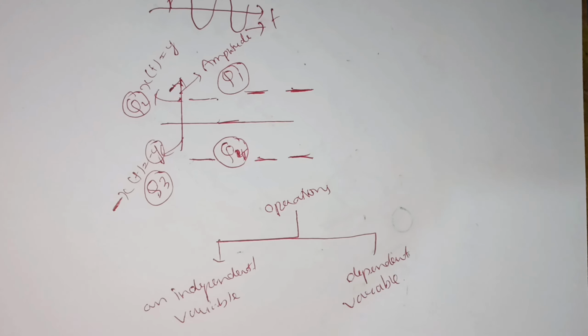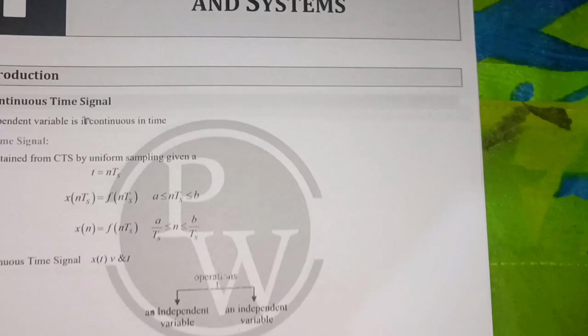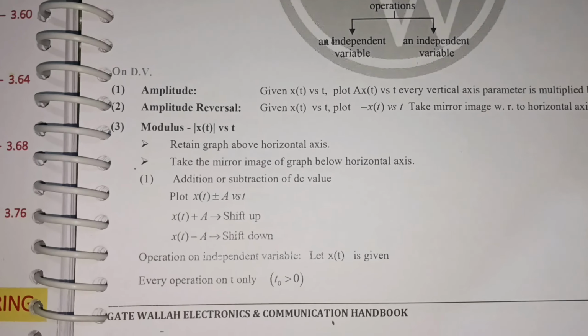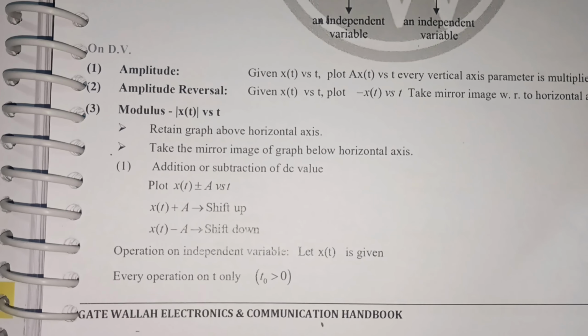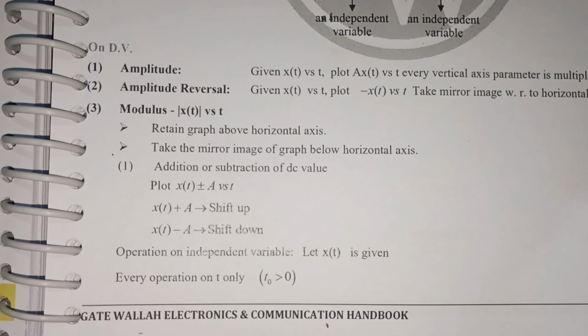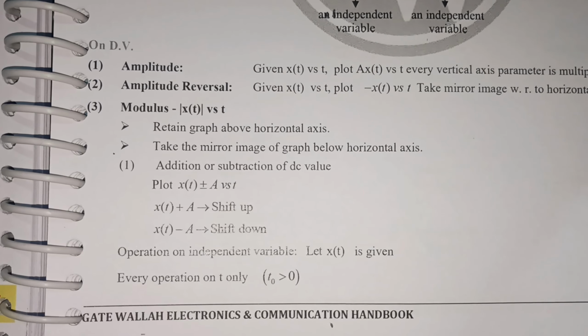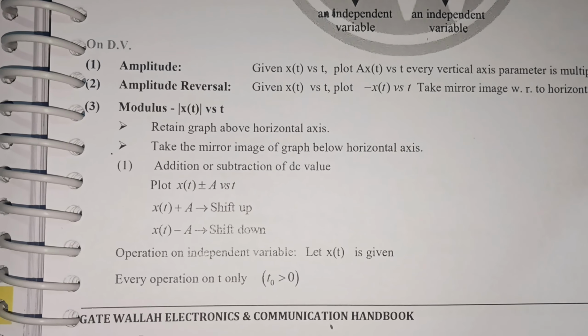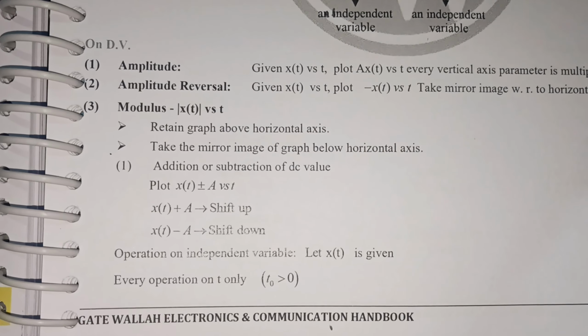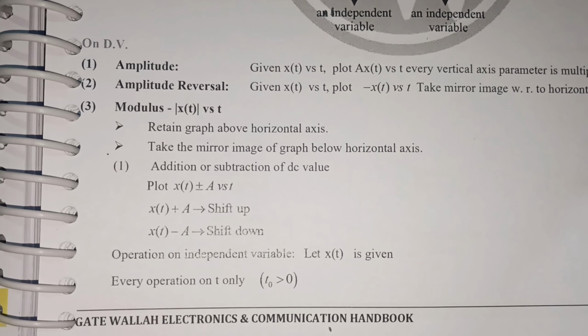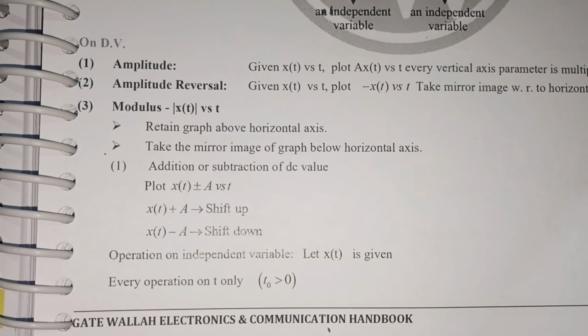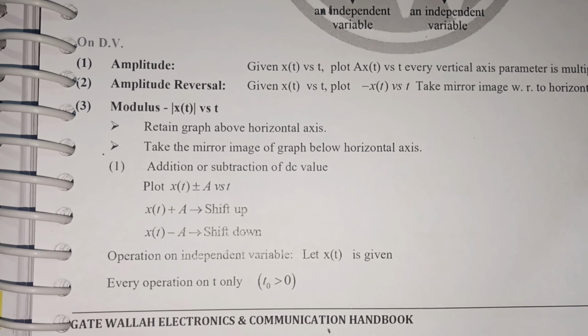Next we're going to understand modulus. Modulus, mod of x of t versus t. So here x of t can be both minus and plus also. So the graph above the horizontal axis is retained. Take a mirror image of the graph below the horizontal axis.